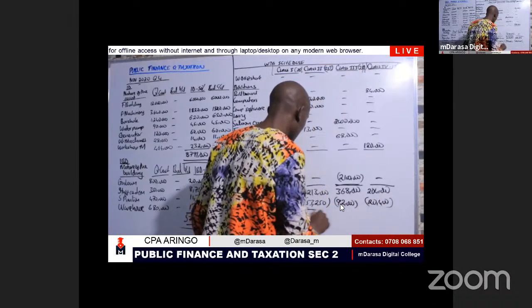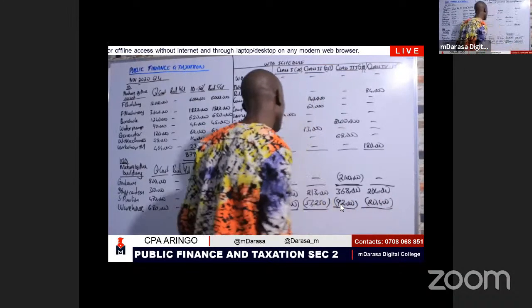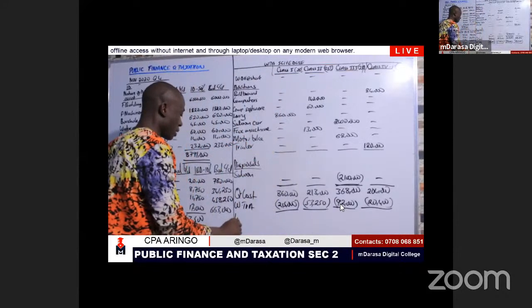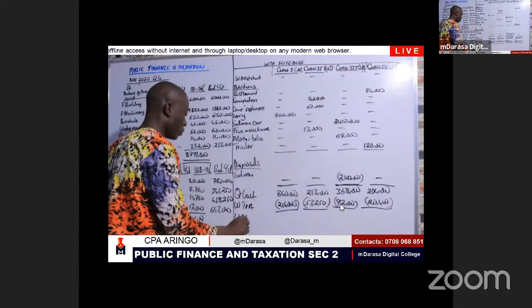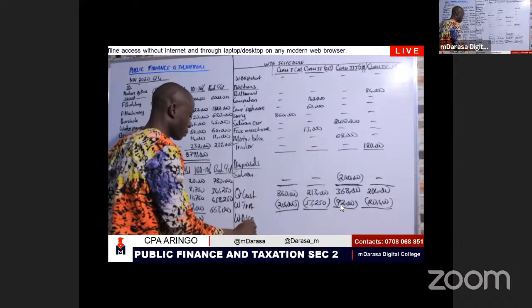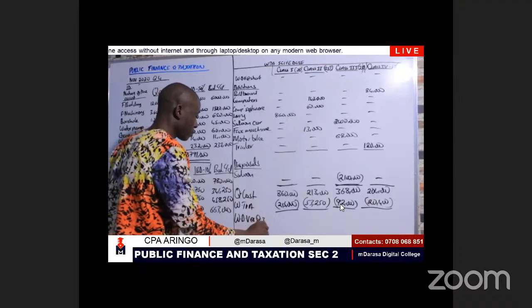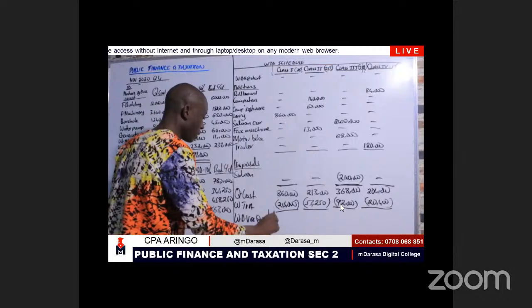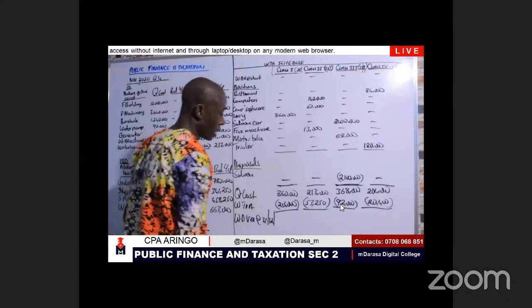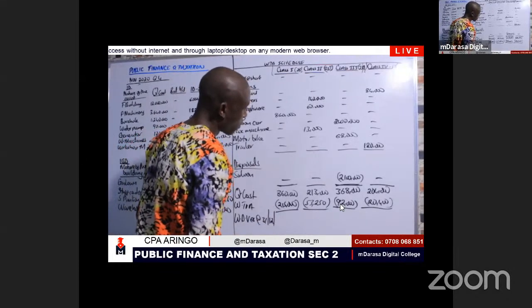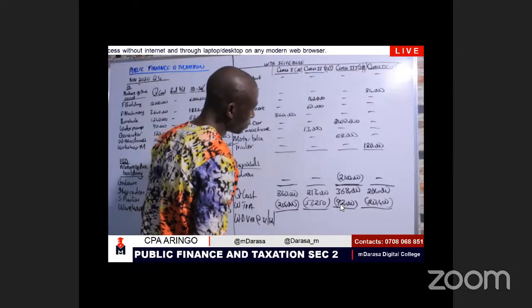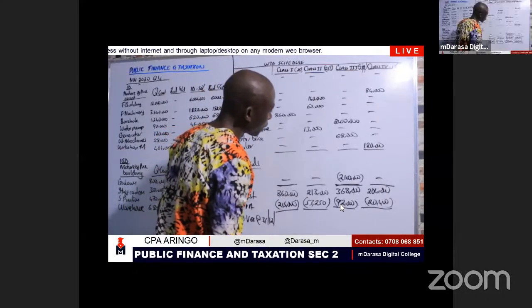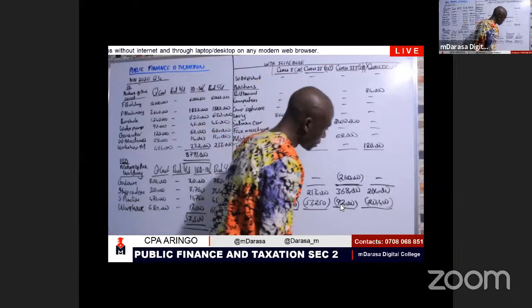So in that case, we can now determine our written down value as at 31st December. 645,000. What's happening with 2,400? 10%.